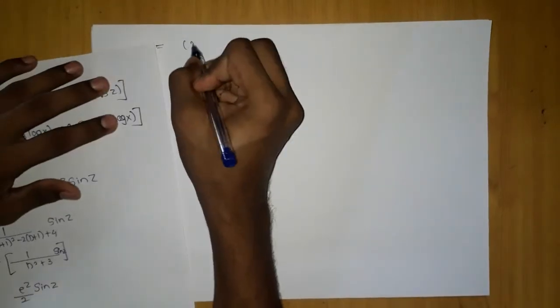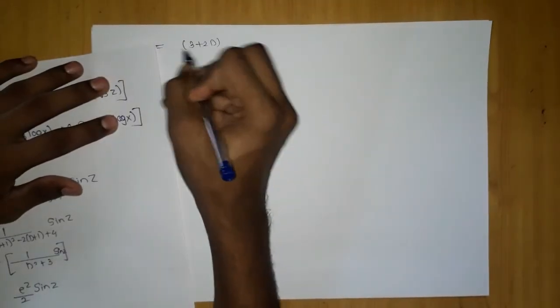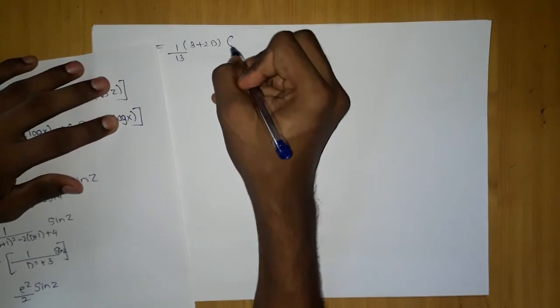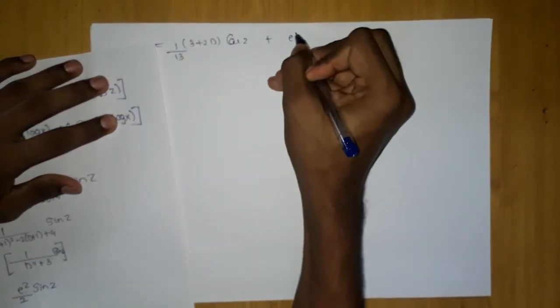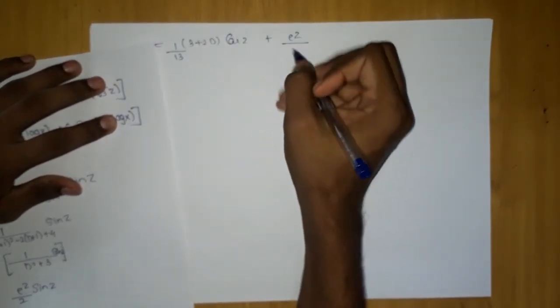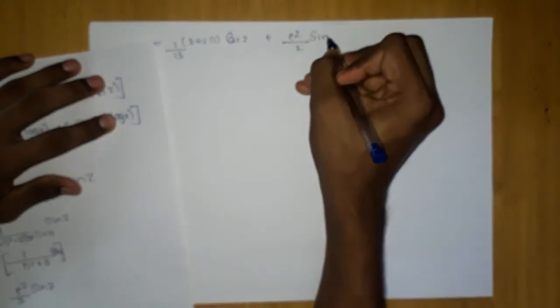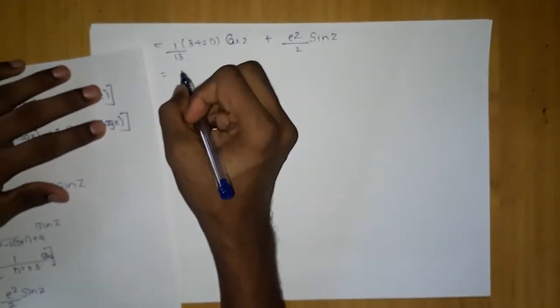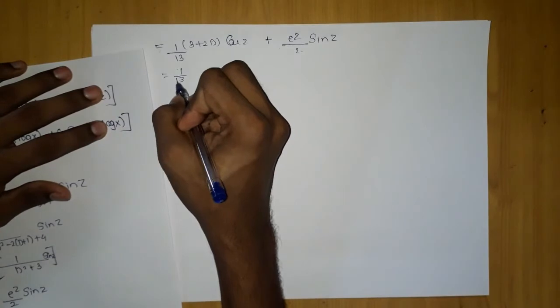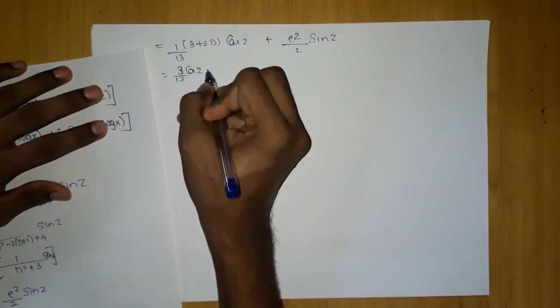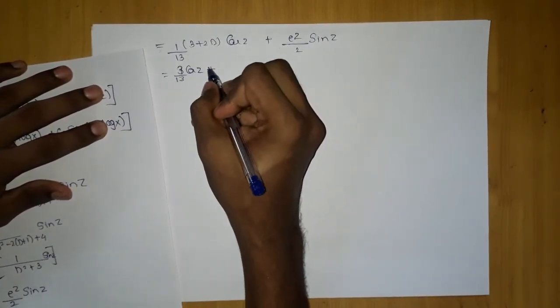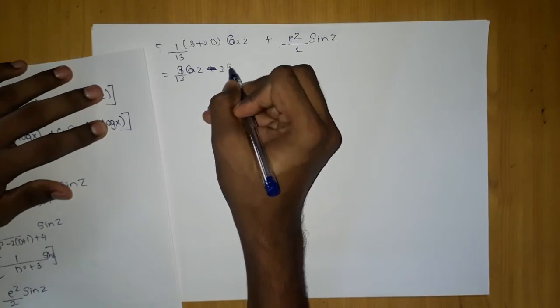So it will become (3 plus 2D) 1 by 13 into cos z plus e to the power z by 2 sin z. Multiply this inside: 1 by 13 times 3 cos z plus you will differentiate this, which will give you minus 2 sin z.